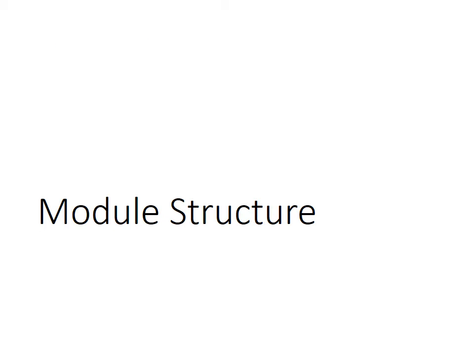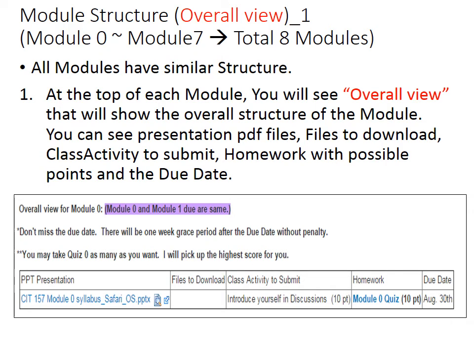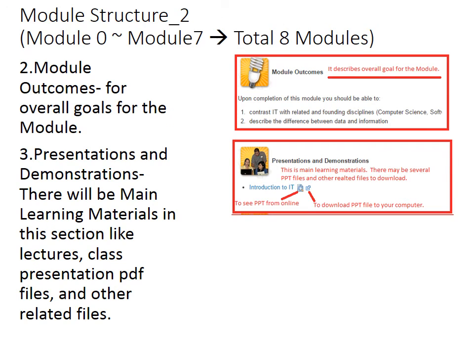Module structure. Now let's talk about the module structure. We have a total of 8 modules. All modules have a similar structure. At the top of each module, you will see an overview that will show the overall structure of the module. You can see presentations, files to download, class activity to submit, and homework with the possible points and the due date. From module outcomes, you will see overall goals for the module.